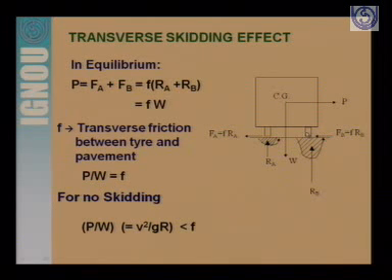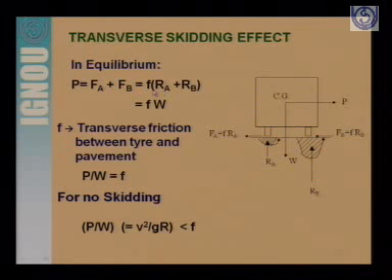And at wheel B, FB is F into RB. These are the transverse friction forces developed at the two wheels when the vehicle is taking a turn.